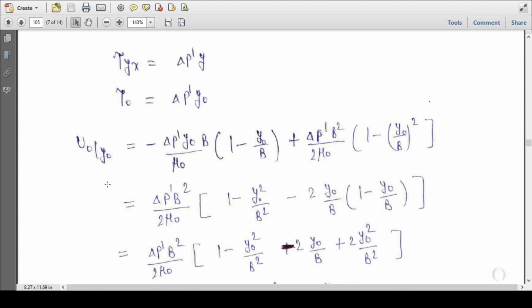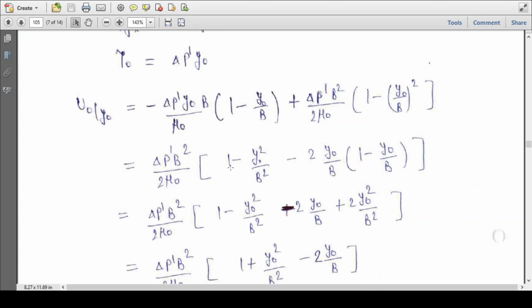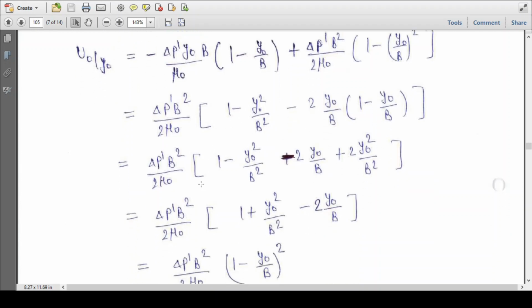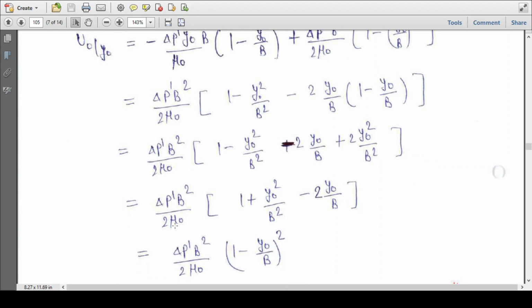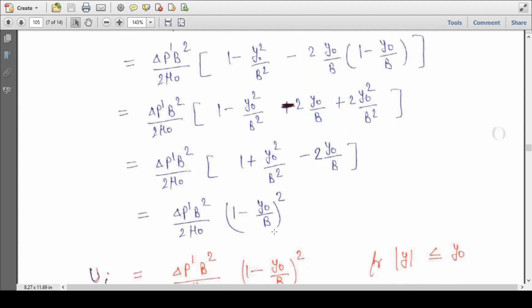Now these are the expressions for tau yx equal to delta p dash y and tau naught equal to delta p dash y naught actually. So if we arrange that and take the common terms, finally we end up with u naught at y equal to y0 as delta p dash b square upon 2 mu naught, bracket 1 minus y naught upon b whole square.